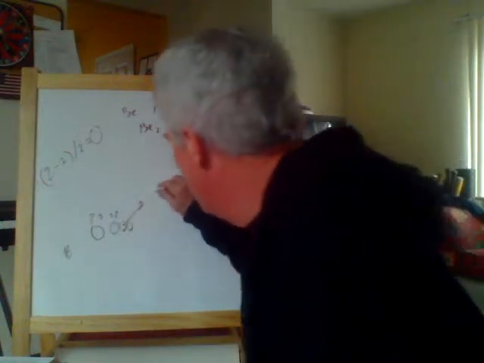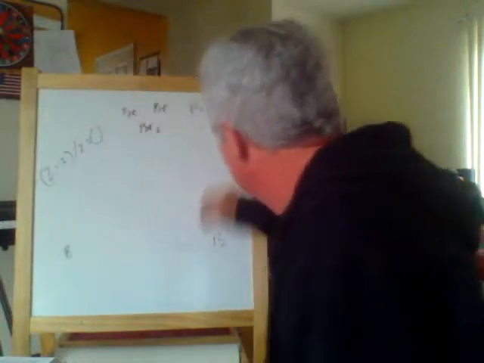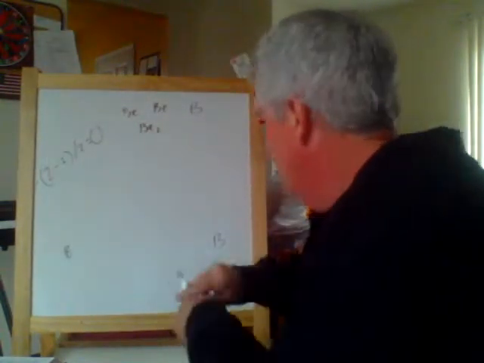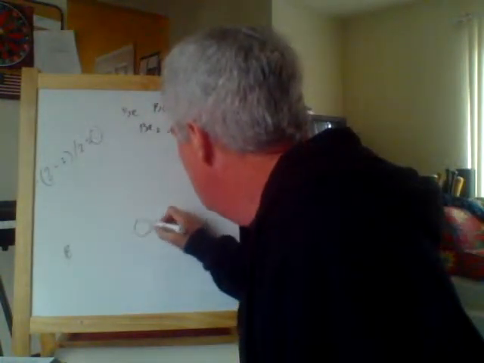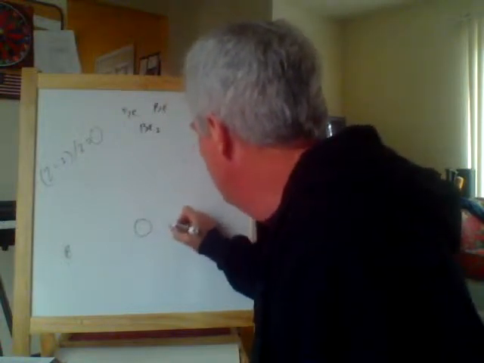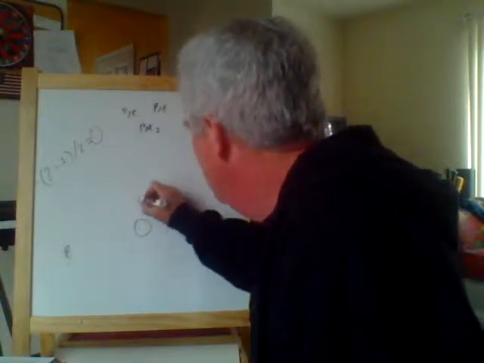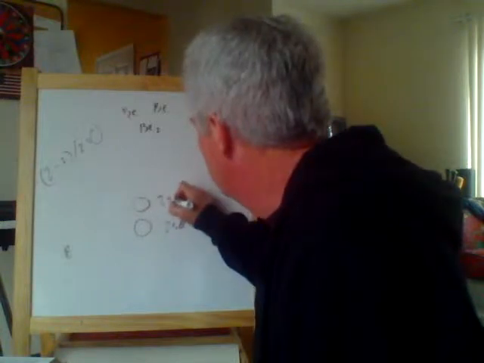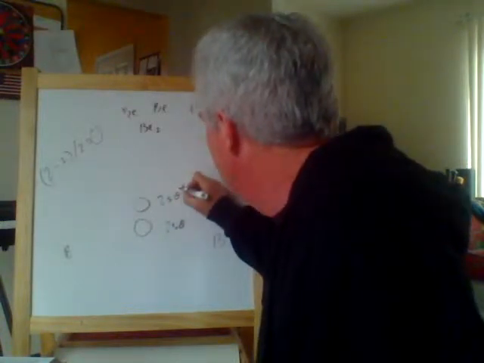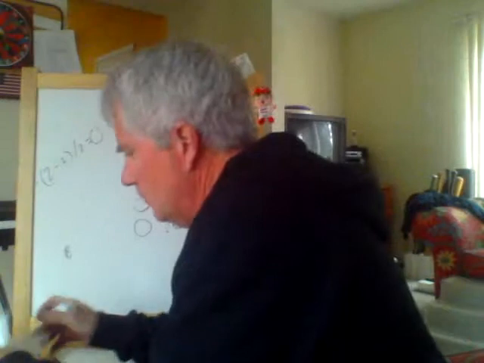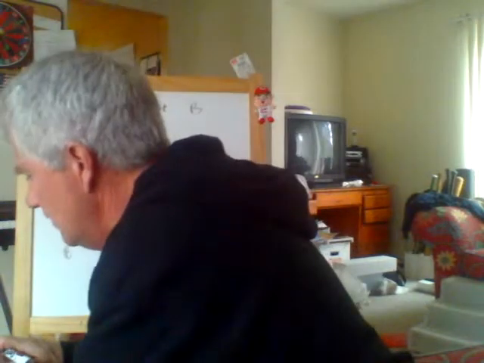Let me draw what they look like. One of them is the 2s sigma, and then the 2s sigma star. I just want to make sure I get the order right here.